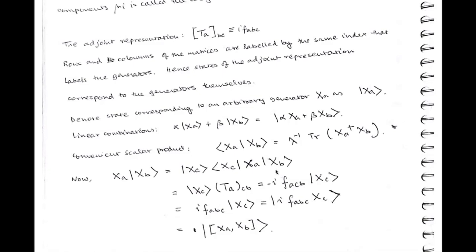So you can denote the state corresponding to an arbitrary generator X_a as |X_a>, and then the generator X_a acting on the state |X_b> gives the state given by the bracket of X_a and X_b.